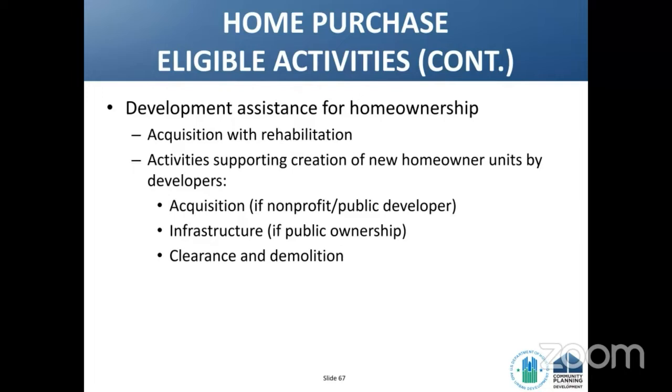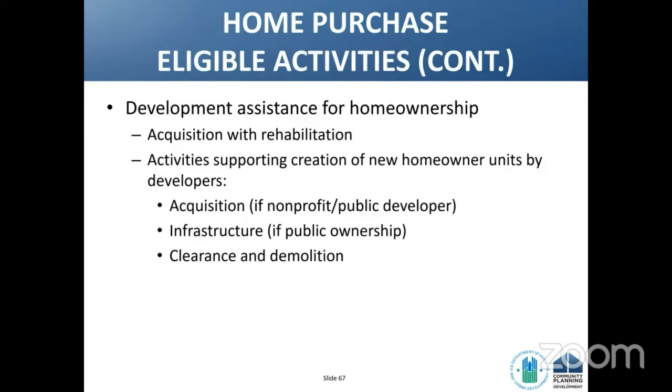Also, there's a provision in 570.202(b) that allows just about anyone, for-profits, nonprofits, individuals, to purchase for the purpose of rehabilitation housing units and then ensuring that they're either sold or rented to low and moderate income households once the rehabilitation has been completed.